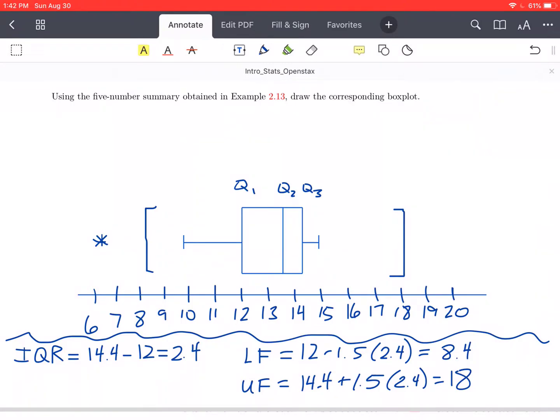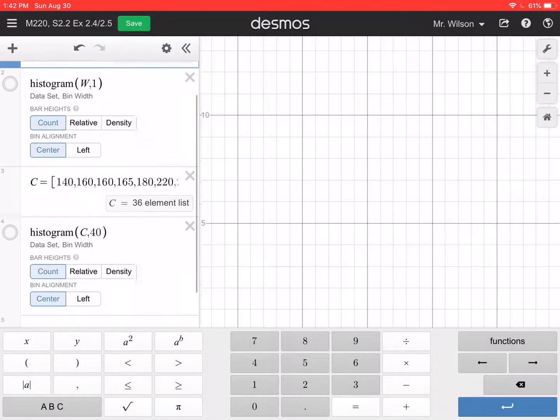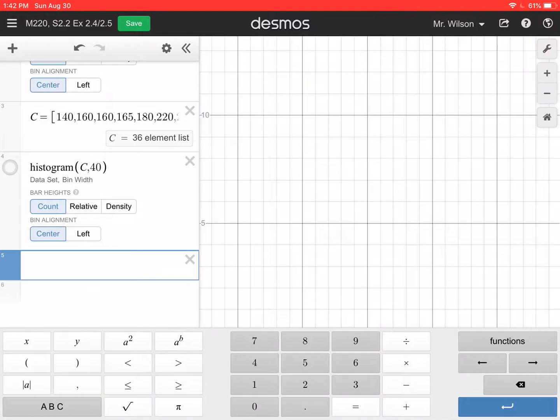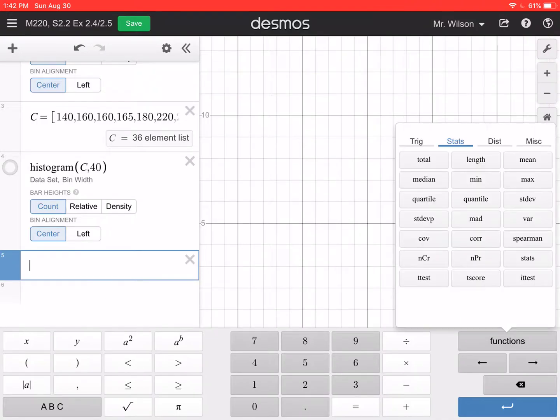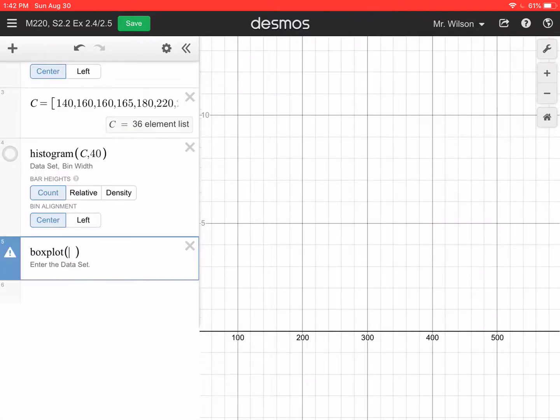Now, when you're doing these using technology, so on Desmos, let me show you. There is a box plot function on Desmos. If I can, oh, there it is. So you see box plot right here, right across from histogram. So you can draw a box plot of anything.